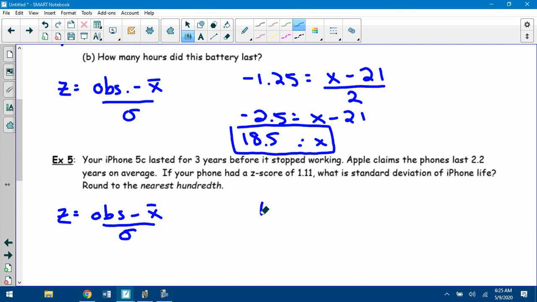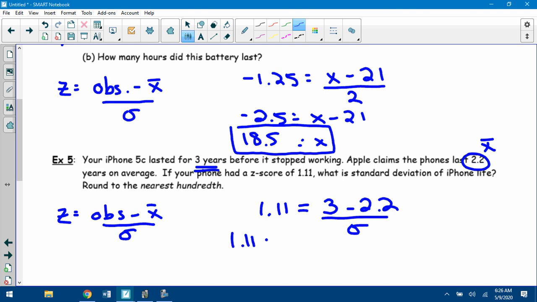So this has a z-score of 1.11, so it's above the mean, which is good. The observed value lasted for 3 years. That's the specific one we're looking at. Minus the average, this is the mean, x bar, all over standard deviation. So again, cross multiply, 1.11 times the standard deviation. 3 minus 2.2 would be 0.8.